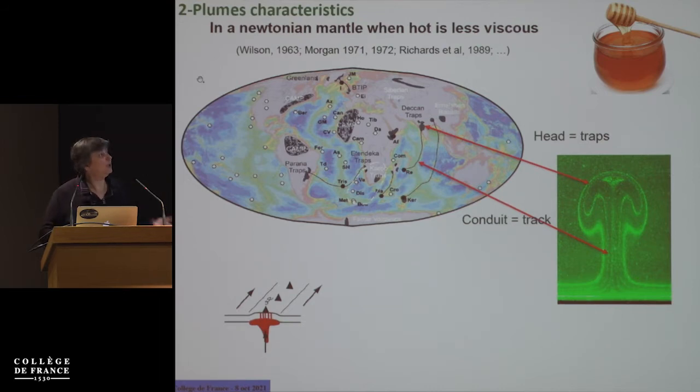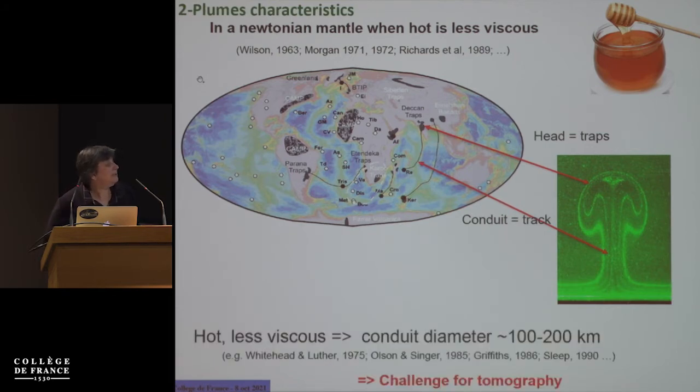If you look in a purely Newtonian, even strongly temperature-dependent viscosity fluid like honey, or a Newtonian mantle, your plume is going to be a big head followed by a thin conduit. So it would fit perfectly well those long track hotspots. But if you look at the scaling, at the physics of those plumes, you predict that the conduit diameter shouldn't be more than 100 to 200 kilometers.